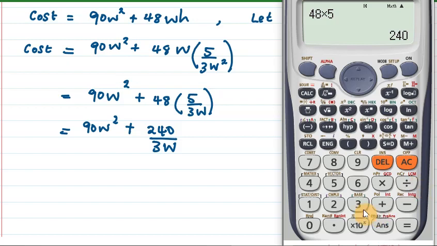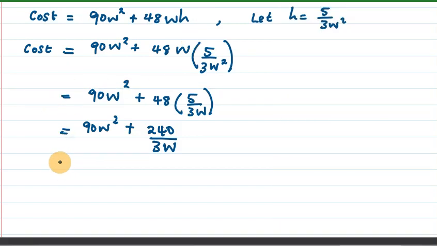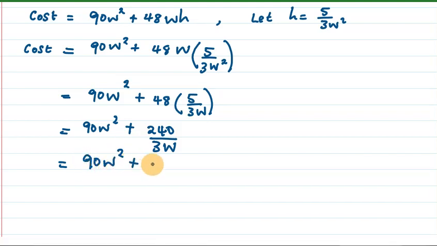We divide 240 by 3. You get 80. So now we are left with 90W squared plus 80 over W. Okay, we are still working with the cost.